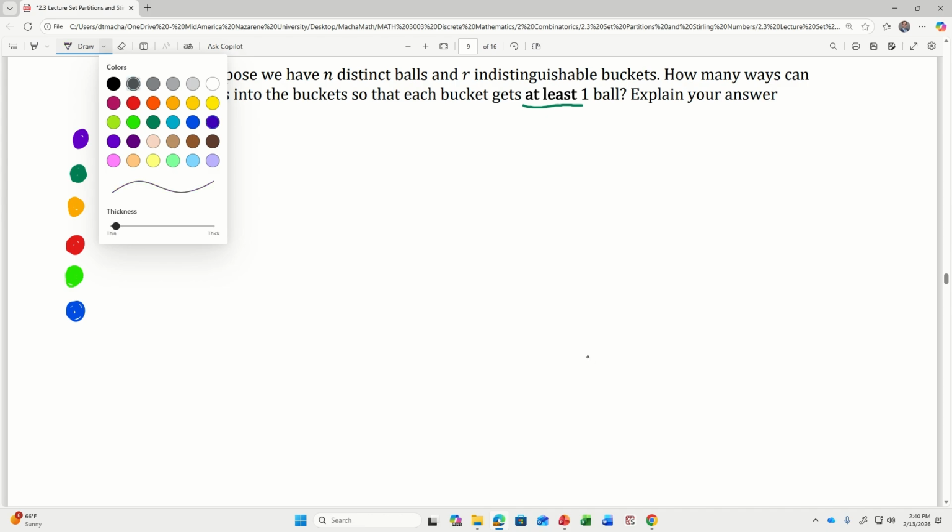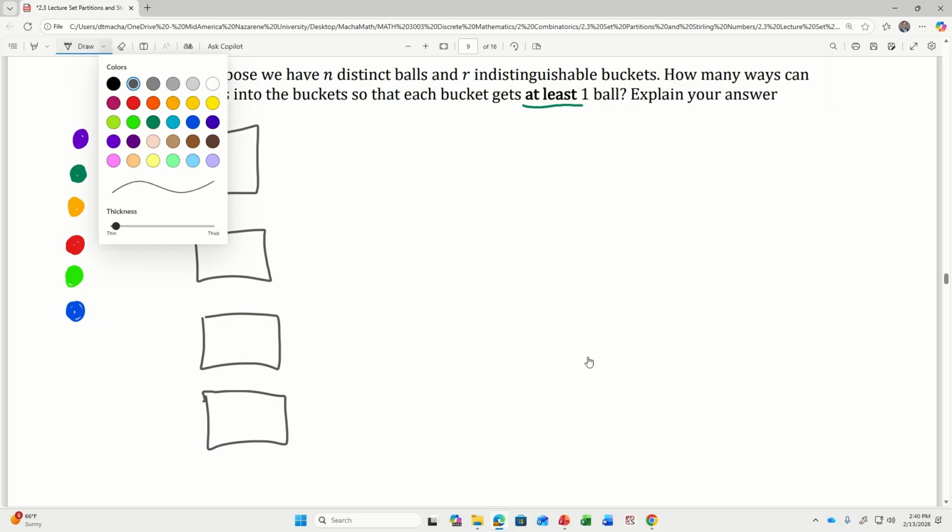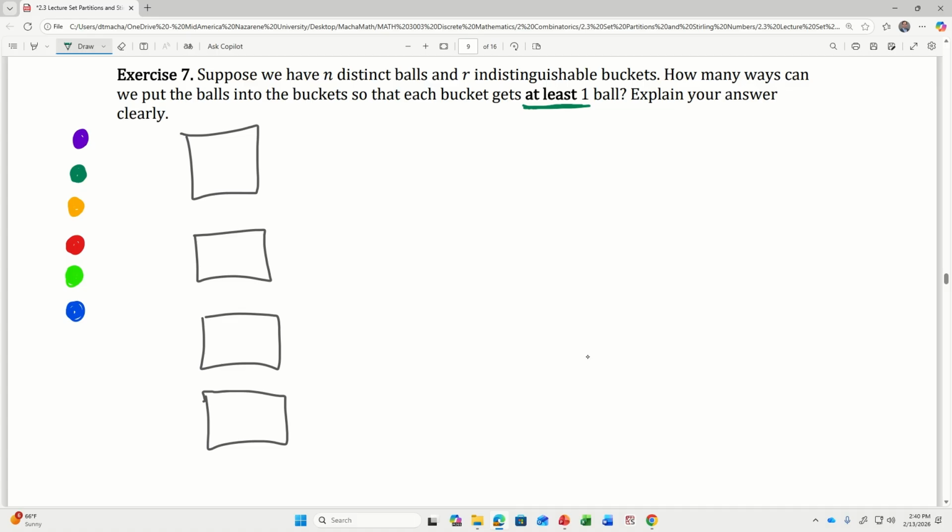The buckets are boring this time. The buckets are indistinguishable. And because we need at least one ball per bucket, that must mean I have more balls than buckets.